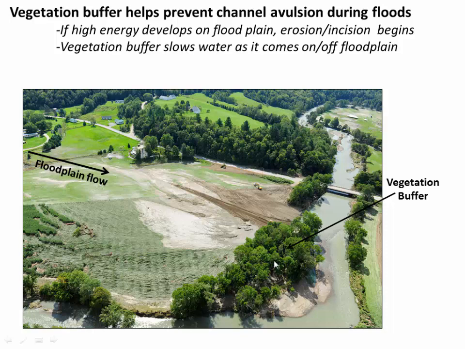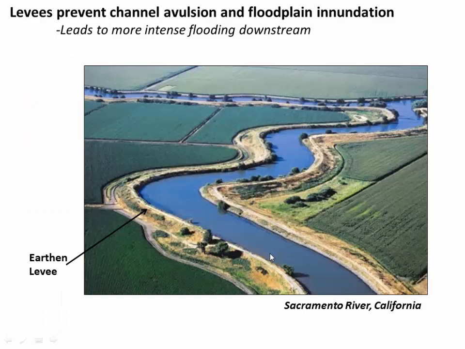The idea there is that during big floods, as water enters or exits the floodplain, these trees and vegetation are there to slow the velocity down so that you do not develop high energy and ultimately develop erosion and channelization on your floodplain. So the vegetation buffer slows down floodwaters and prevents channelization.